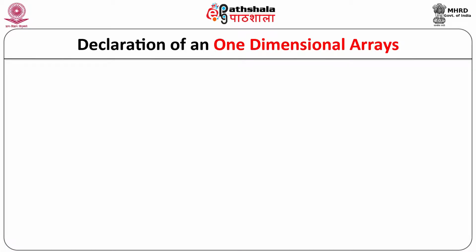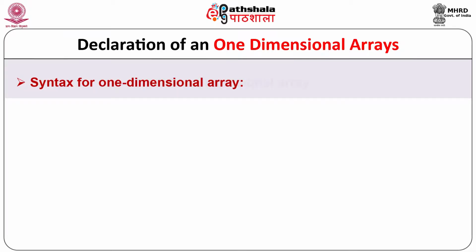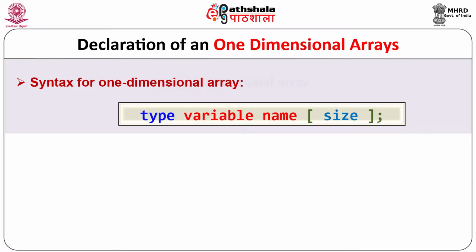Let us see how to declare one dimensional array. In this slide, you can see the syntax of one dimensional array. In the syntax, you can see type, variable name and size. Type means type of array, whether it is integer array or character array.